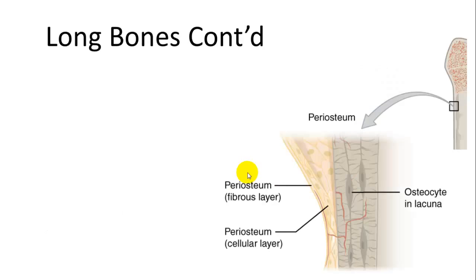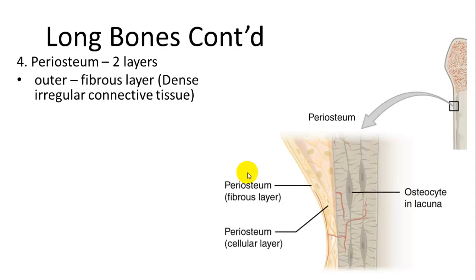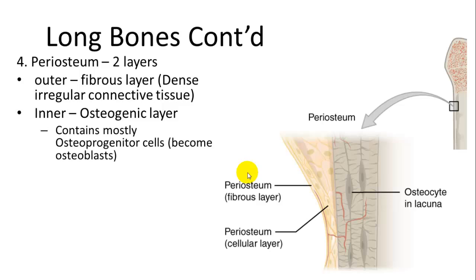There are also a couple of structures which we already mentioned, including the periosteum, which has two layers: an outer layer, which is mostly dense irregular connective tissue, and an inner layer, which is osteogenic, where you have those osteoprogenitor cells or osteogenic cells, which become osteoblasts, which become mature bone cells.